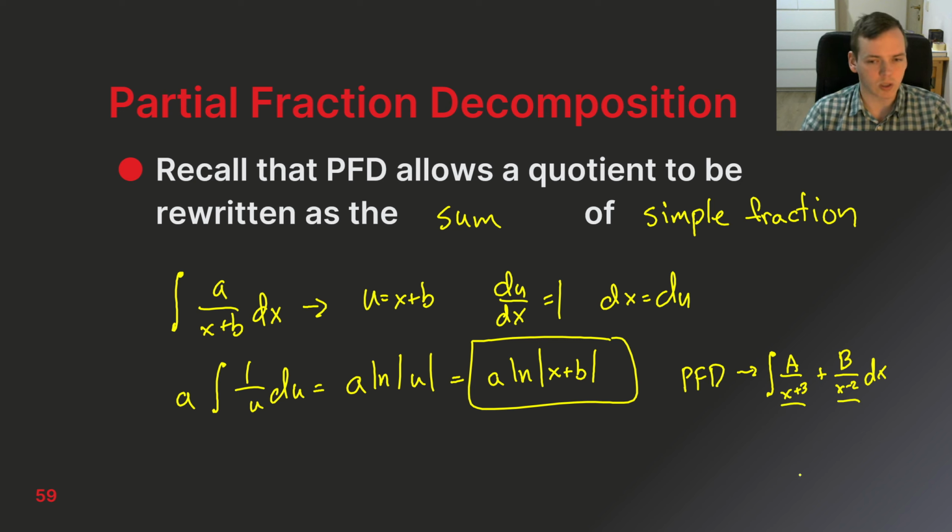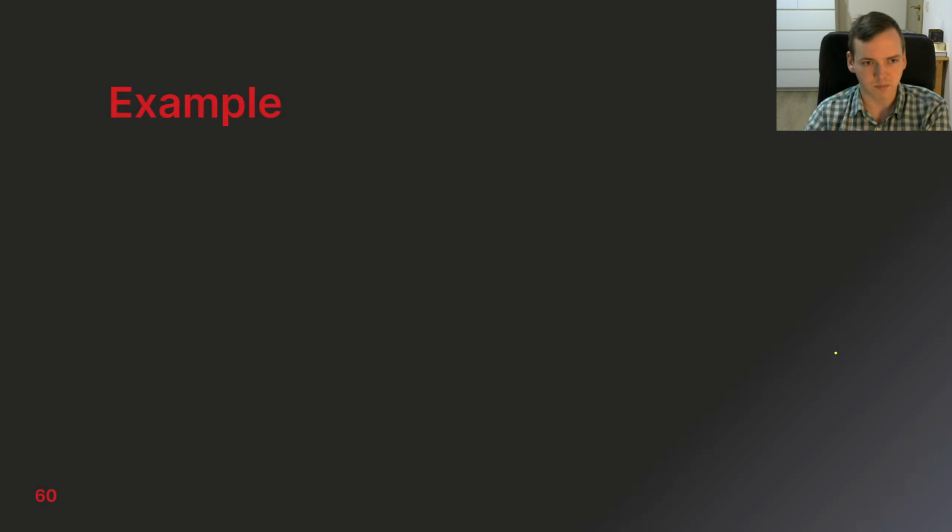And that's the whole goal here, is writing something that wasn't integrable originally as the sum of a bunch of these simpler polynomials. By the nature of this class and the nature of the AP test, everything that you would use partial fraction decomposition on will just be in these simple, non-repeating linear terms.